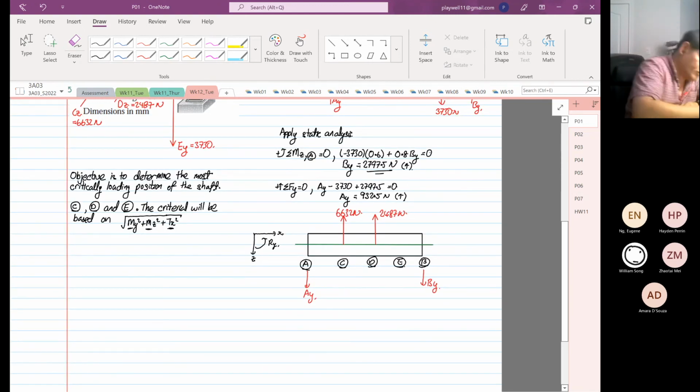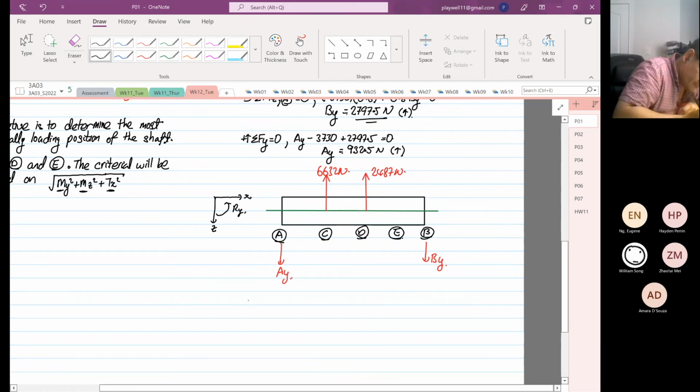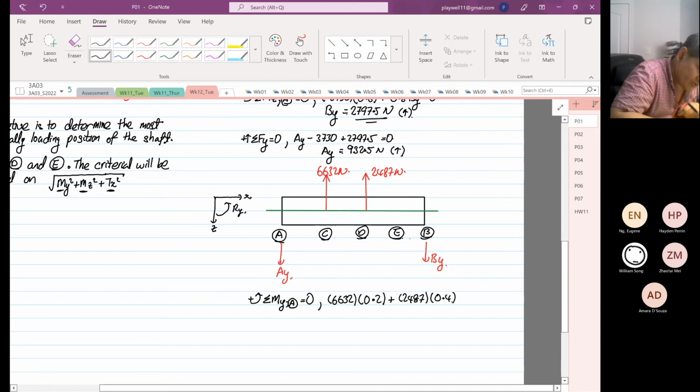So again, we're going to do static analysis, right? So summation of moment in the y direction at point A, the whole thing is equal to 0. So you have 6632 multiplied by 0.2 plus 2487, because they are all going in the anti-clockwise direction, multiply 0.4, then you have minus 0.8 Bz. The whole thing is equal to 0.